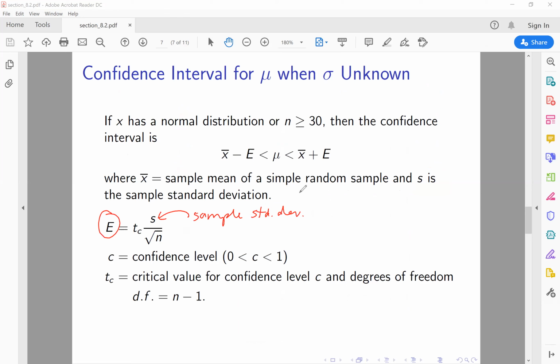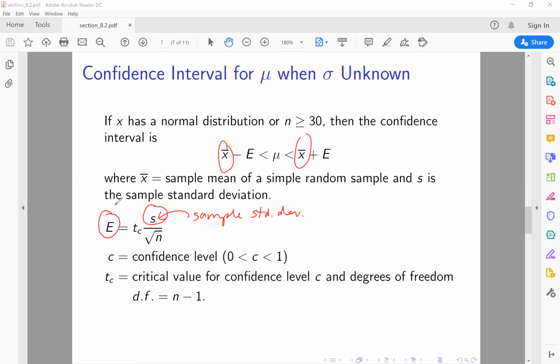But everything else basically looks the same. So the entire process you learned before is going to be repeated. The only difference now is that if I have a sample, I need to calculate the sample mean, and I'll need to calculate the sample standard deviation in order to construct these confidence intervals.